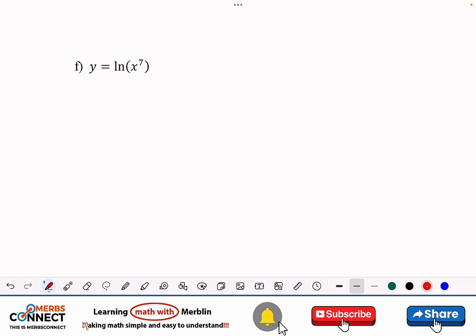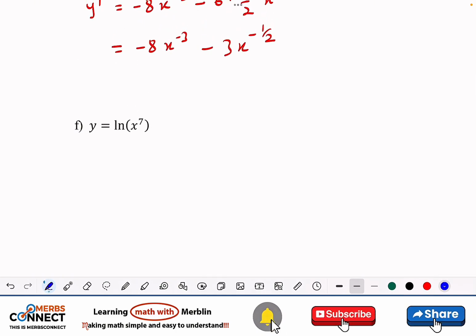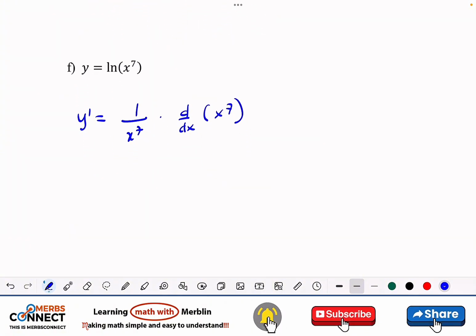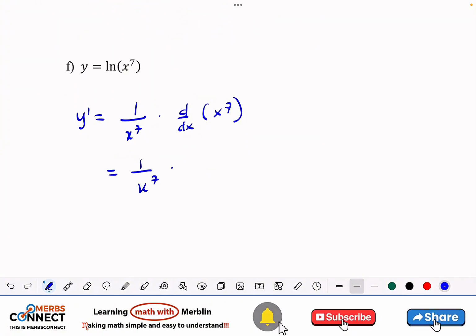Let's do the last question on D. Now y prime is equal to, we know how to differentiate a ln function, 1 divided by what is inside the parentheses, times the derivative of what is inside the parentheses. So this is going to be 1 over x to the power 7 times, I differentiate this and I have 7x to the power 6.